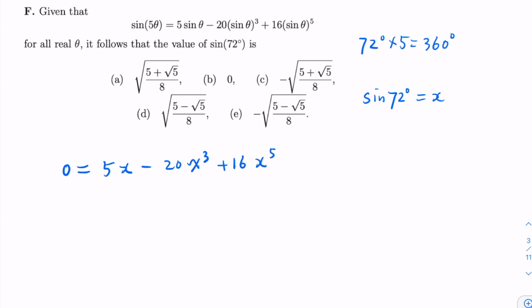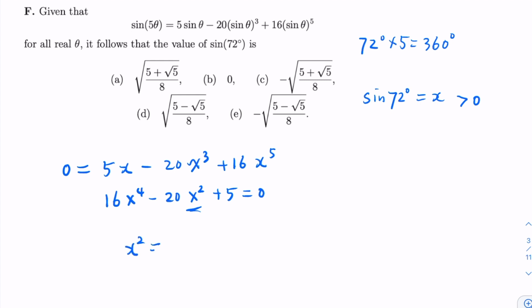Notice that we know for sure x is going to be a positive number, right? So x is not equal to 0, so you can get rid of x here. The equation becomes 16x to the fourth minus 20x squared plus 5 equals 0. Of course, you take x squared as the variable and plug into the quadratic formula.